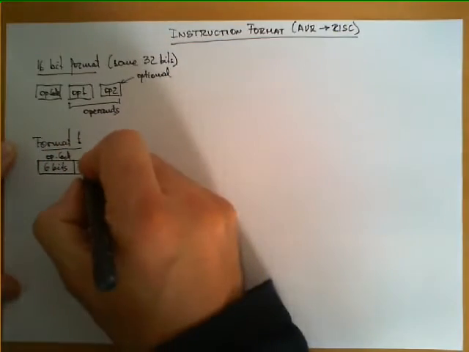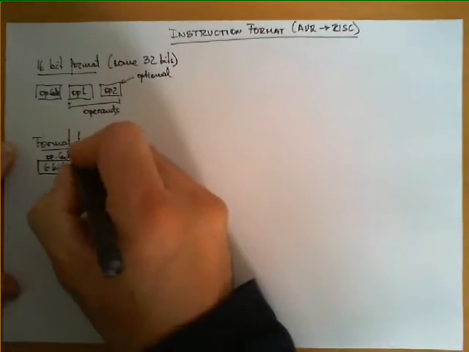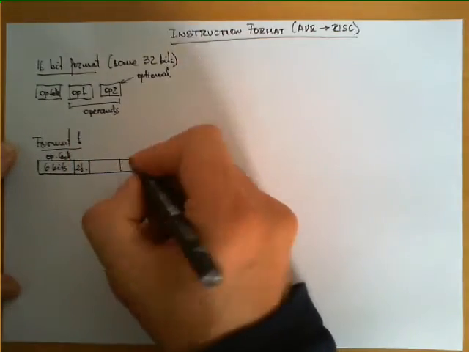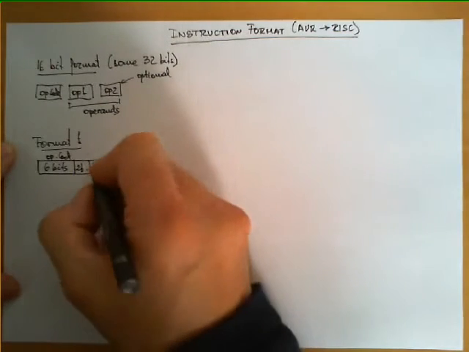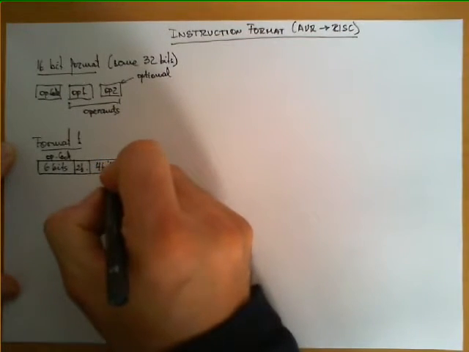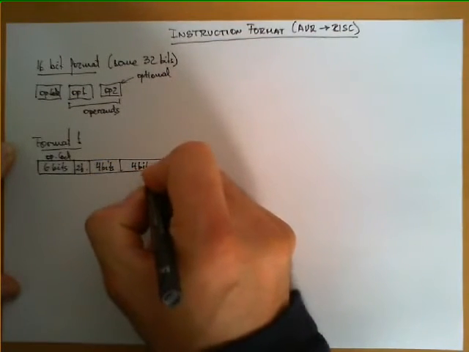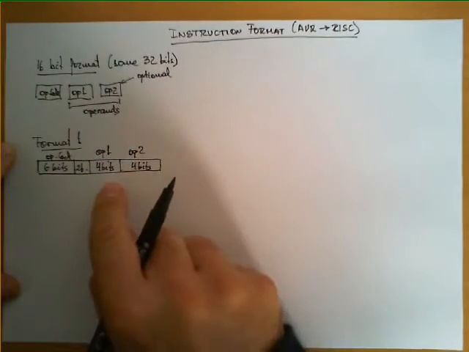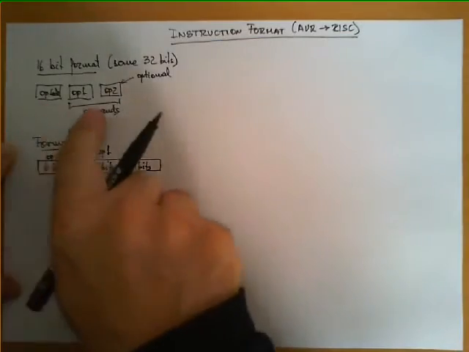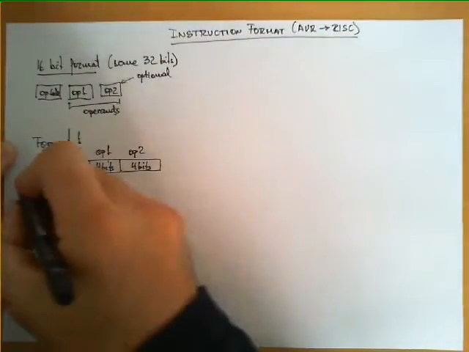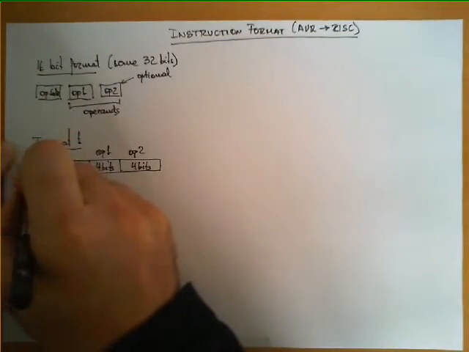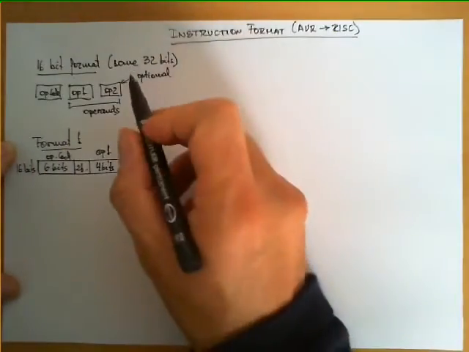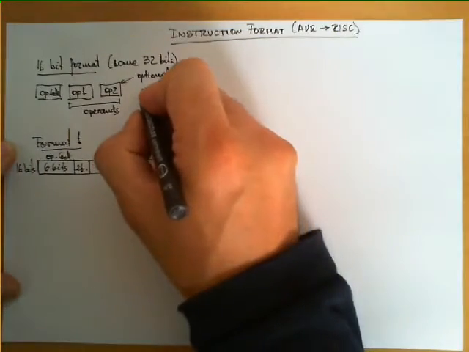The second one is only 2 bits, which I'll go back to in a second, and then 2 additional fields, 4 bits each, to encode operand 1 and operand 2. So this is one possible way of encoding the format that I just described, with, as I said, 16 bits.